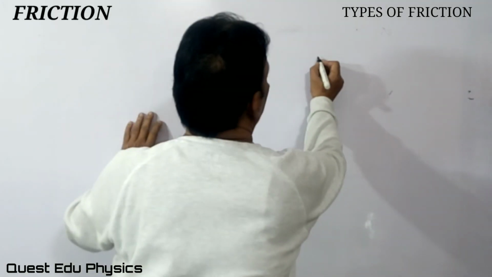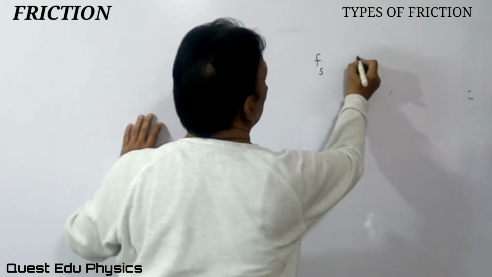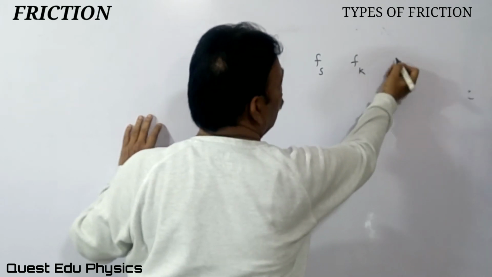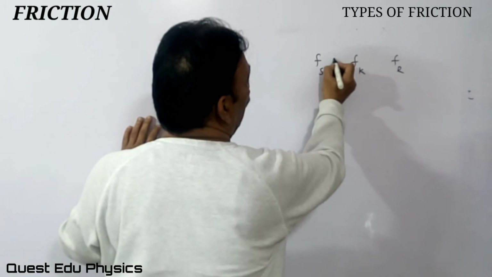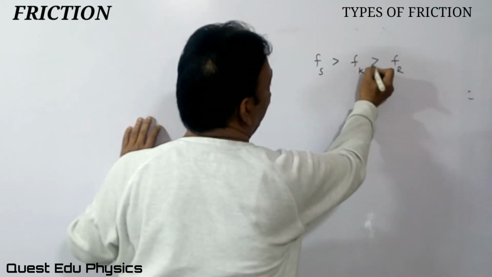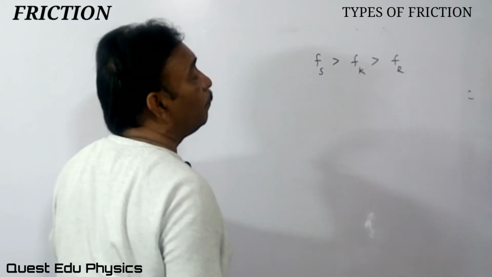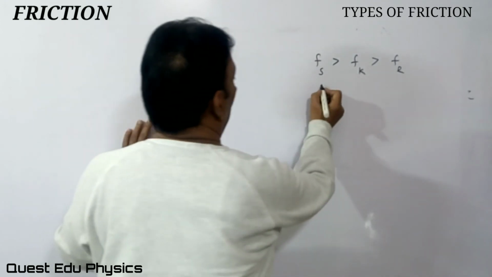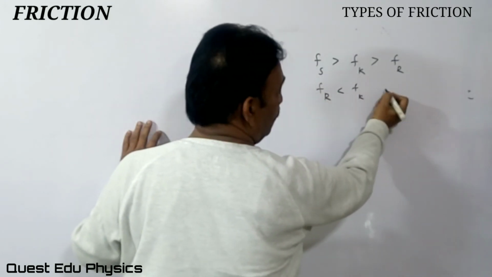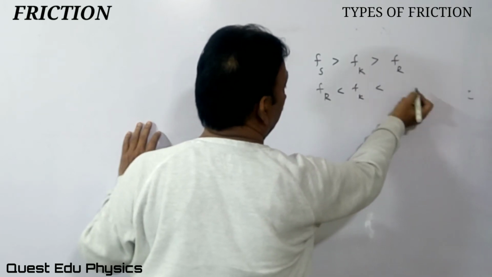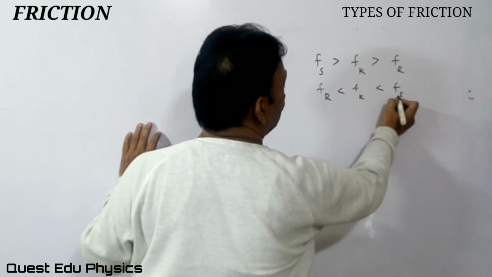Here it is the static frictional force, the kinetic frictional force and the rolling friction. Fs is always greater than Fk and Fr, or you can write Fr is less than Fk, which is less than Fs.